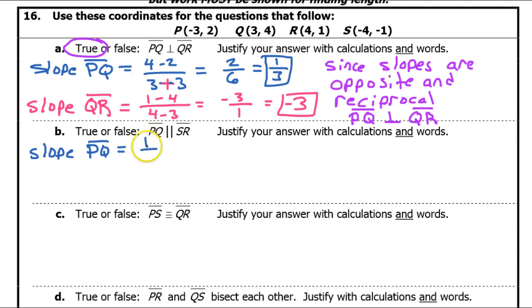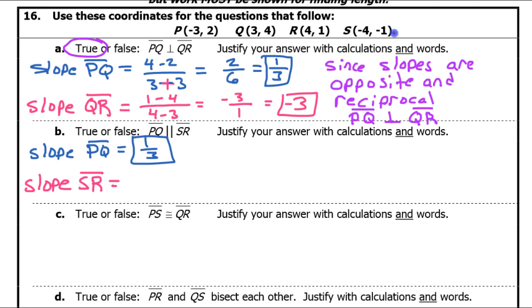We already know that from the previous problem, so I'm just going to copy that down. Now we need to find the slope of SR. If these turn out to be equal, then they will be parallel. If they're different, then they're not parallel. So let's see, SR, that's these two.